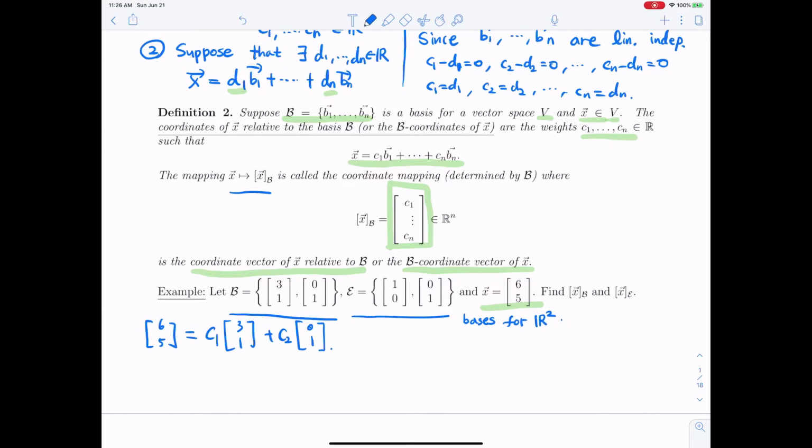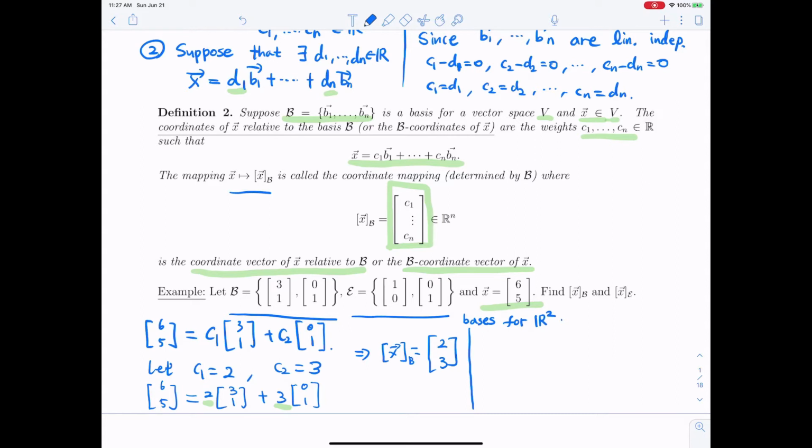Then the solution for this vector equation is: if you let c1 equal 2 and c2 equal 3, then you can check that if you multiply 2 into the first vector and 3 into the second vector and add them together, we get 6 and 5 on the left hand side. So the B coordinate of x is given by 2 and 3 in this case.